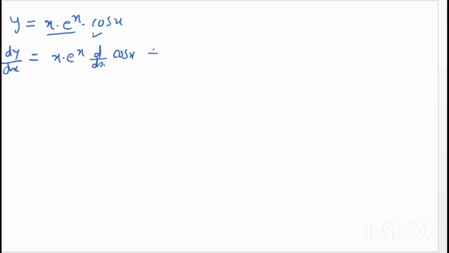If three functions are given, we take one example for three functions: x into e raised to x into cos of x. So how do we solve? Very simple. So dy by dx is equal to, write down the first two terms as it is and take the derivative of the next, that is x into e raised to x as it is, and take the derivative of the third term, that is cos of x. Plus, for the second, keep x and cos x as it is, x into cos of x as it is, take the derivative of the second term, that is e raised to x.